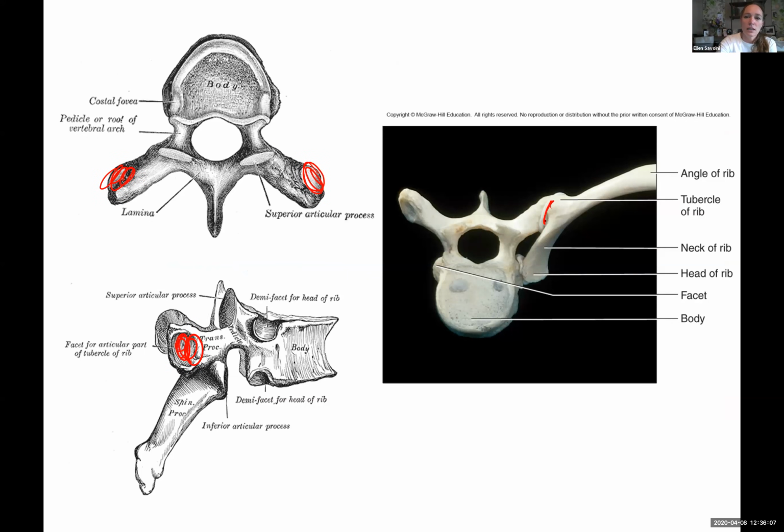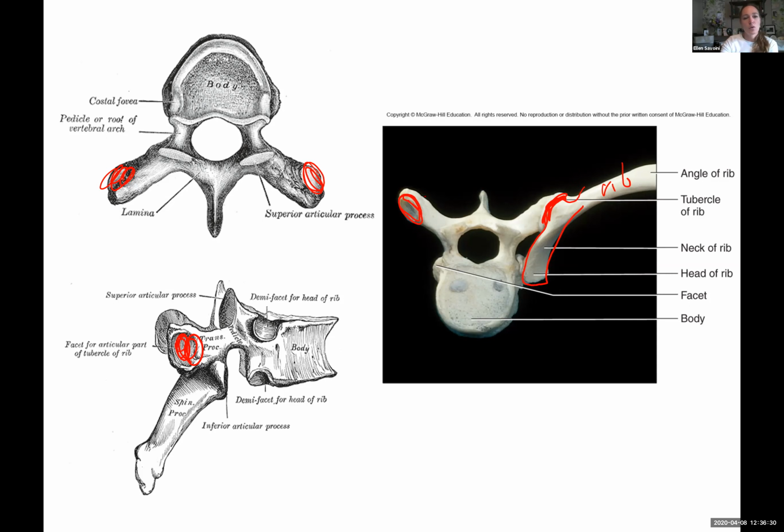The rib has this weird heel, almost like a foot. Here's the rib, here's the heel, and here are the toes, where the heel is on the costal facet itself. It sort of braces against it.